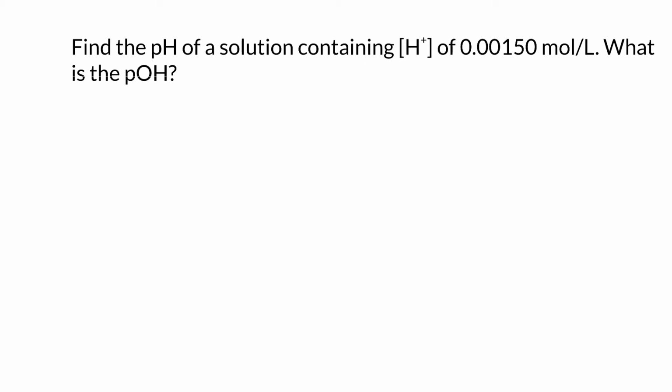Okay, the purpose of this video is just to clarify sig figs and how they relate to concentration and pH. Basically, the number of sig figs in a concentration of something is equal to the number of decimal places in the pH.